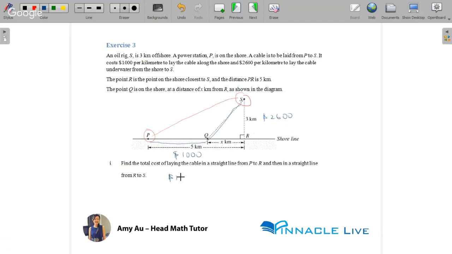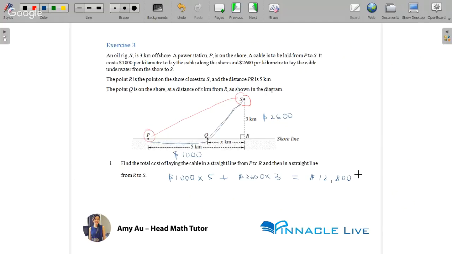So $1,000 times 5 kilometers, that's the cost of laying the cable here. And then $2,600 times 3 kilometers, that's the cost of laying the cable there. Put that into the calculator. It should cost you a total of $12,800. That's it. Nice and easy.